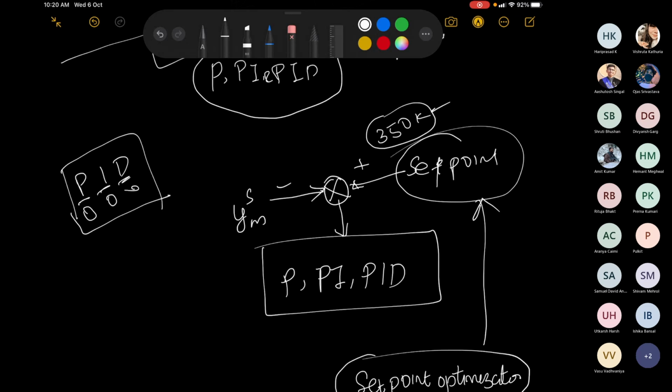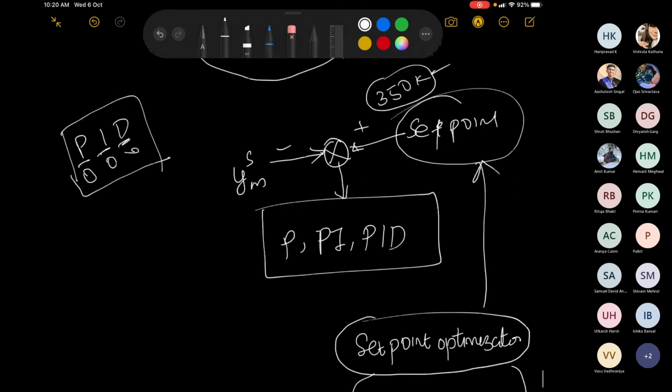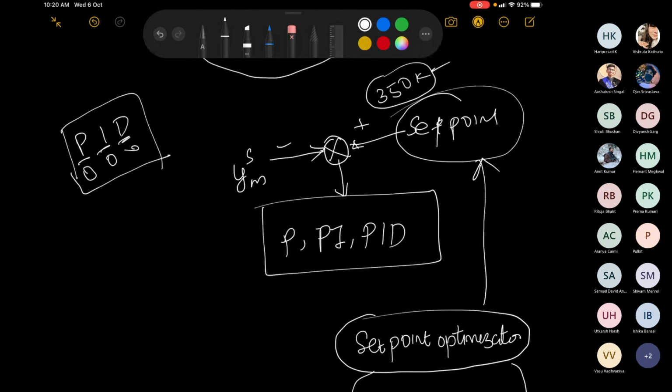If you are changing it every now and then, it essentially means that you don't know the value of the set point. So you would like to keep it as constant as possible and tweak it based on your need. Once you fix the set point, you typically don't change it for some time.